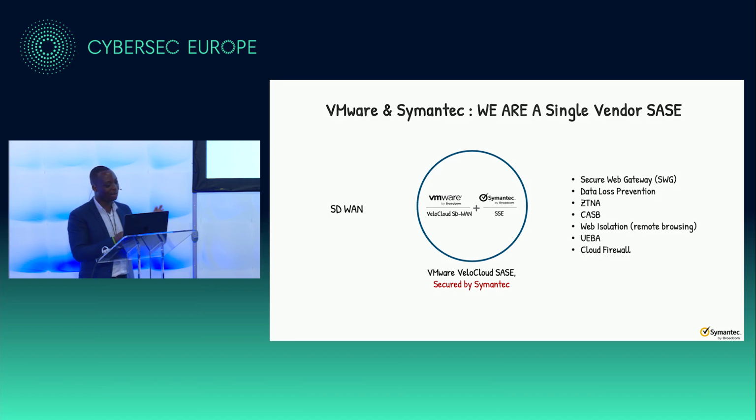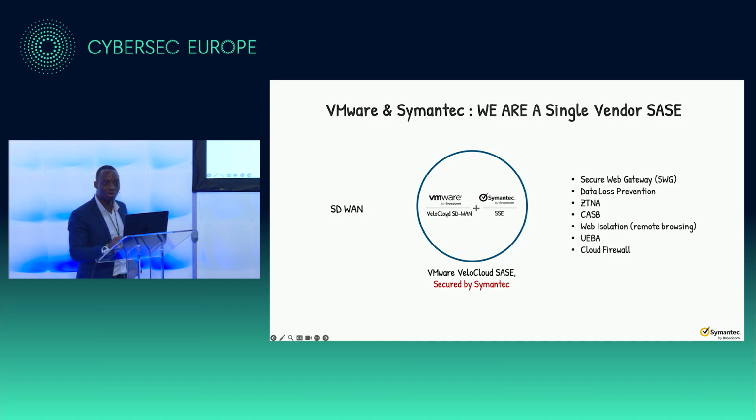And with VMware and Symantec, we have a new solution, a combining of our solutions, to have a single vendor offer. Meaning VMware is proposing the access path, which is the SDN one, and the security part will be made by Symantec.